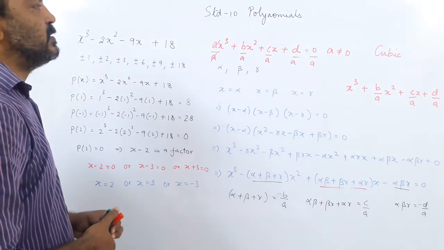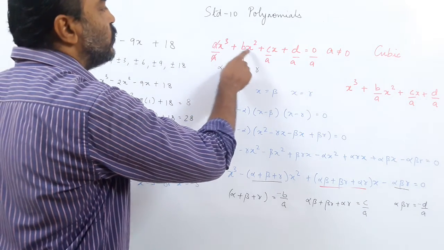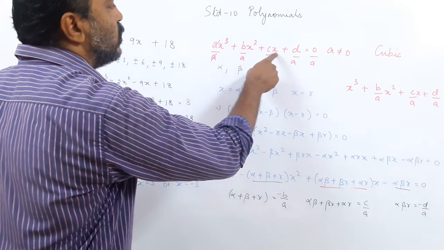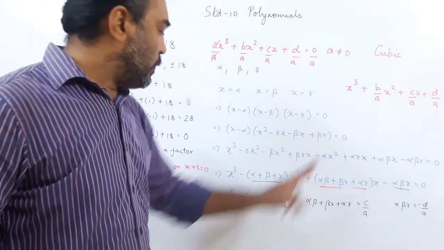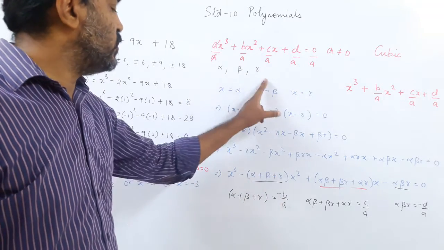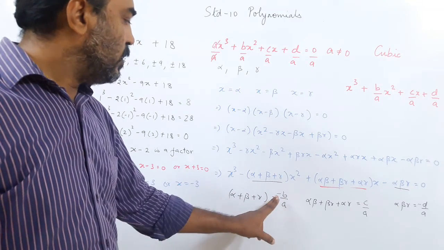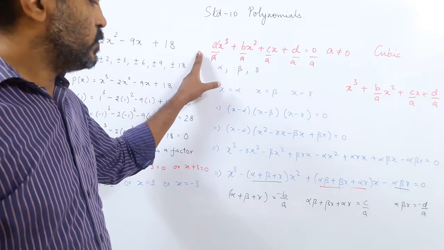So first you see what these a, b, c, d are. a is the coefficient of x cube, b is the coefficient of x square, c is the coefficient of x, and d is the constant term. Now comparing, we got the sum of the zeros, alpha plus beta plus gamma, the sum of the three zeros is minus the coefficient of x square upon the coefficient of x cube.